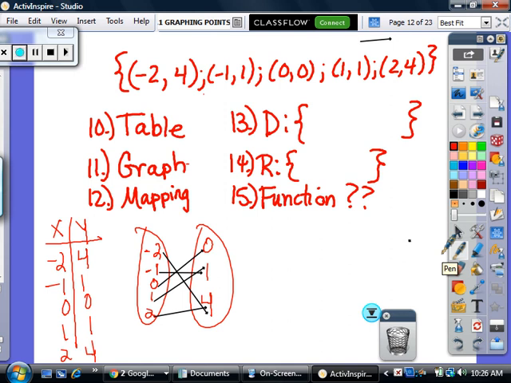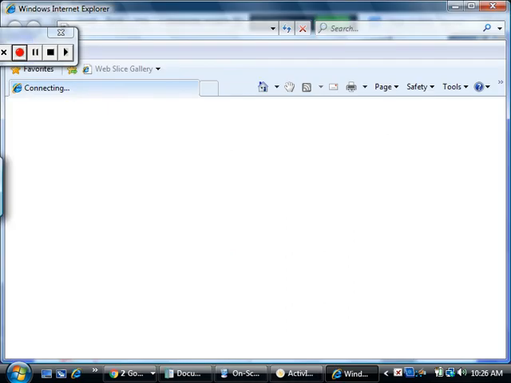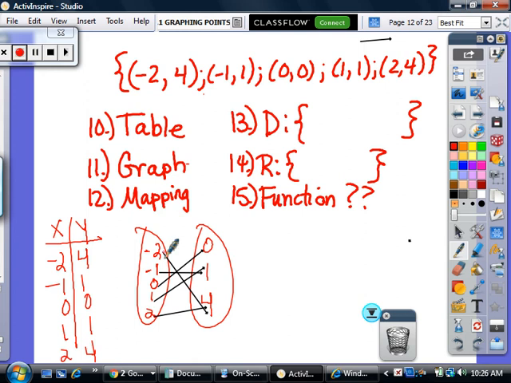Now looking at this set, do each of these x's occur just one time? Yes. Looking at this table, do each of these x's occur just one time? Yes. Looking at this mapping, does each element of the domain, each of these x's, have only one arrow coming out of them?